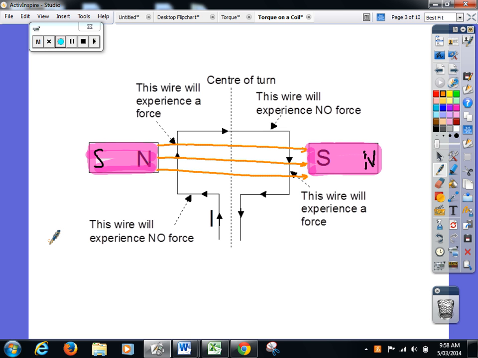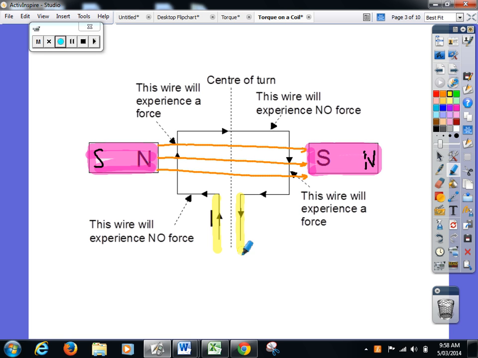At the same time, we're going to put in a rectangular coil. So this is a piece of wire that's bent into the shape of a rectangle. You can't get a perfect rectangle, we can't close it at the ends because we've got to get the current to go into the coil. So we have this little part down here where the current has to come in and out of the coil.